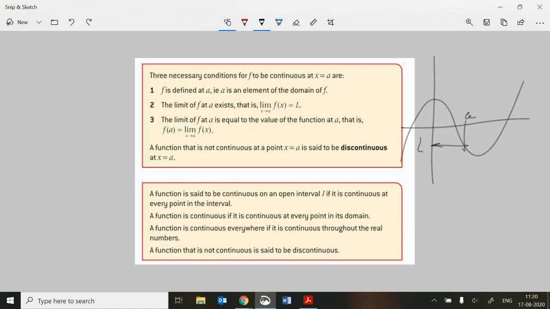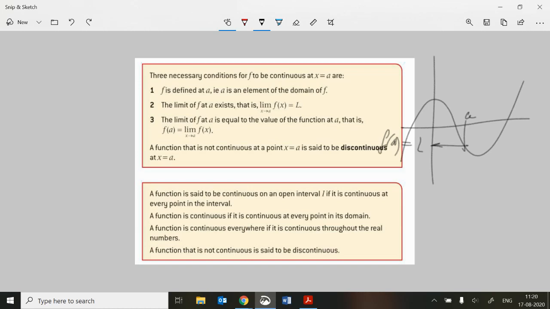So the limit has to exist, and finally, that limit has to be the same as f of a. So this has to be f of a, and there we go. We've kind of said everything on this graph here. We've said that we have to have something acting on a to give us an answer.